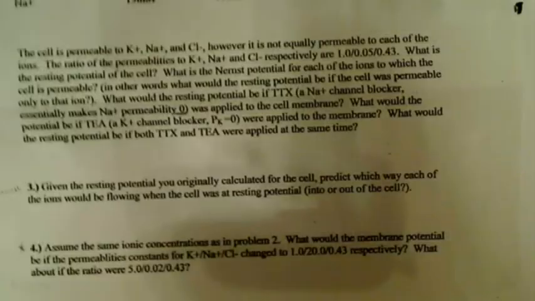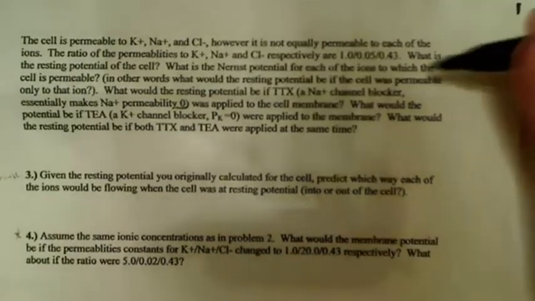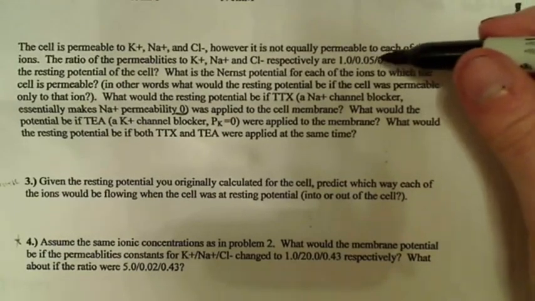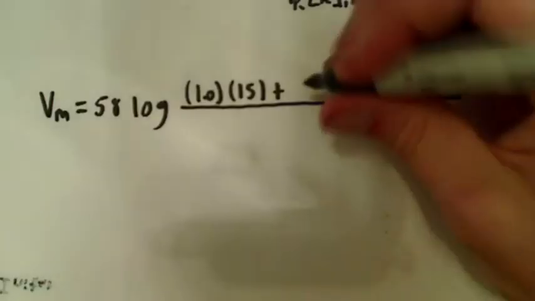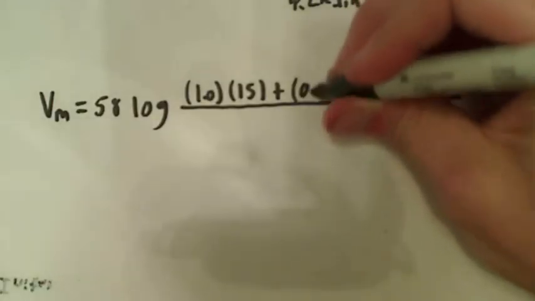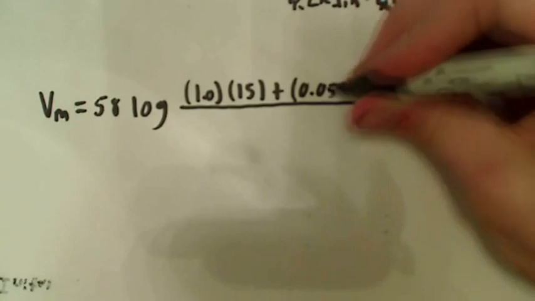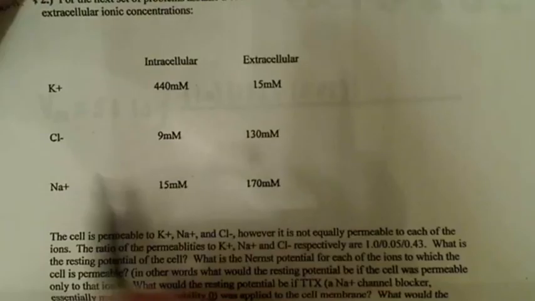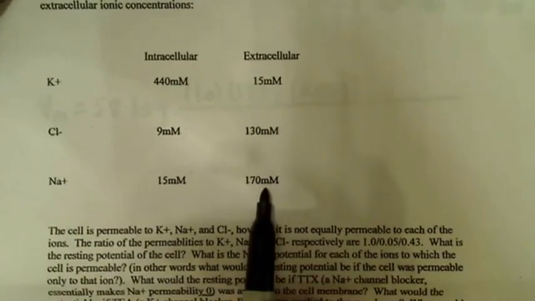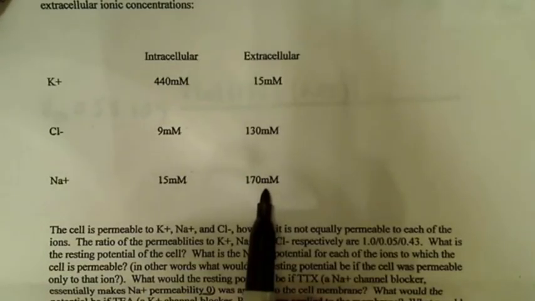Now I'll do the same thing for sodium here. The permeability for sodium is 0.05, and I want to multiply that by the concentration of sodium outside the cell, which is 170 millimoles.